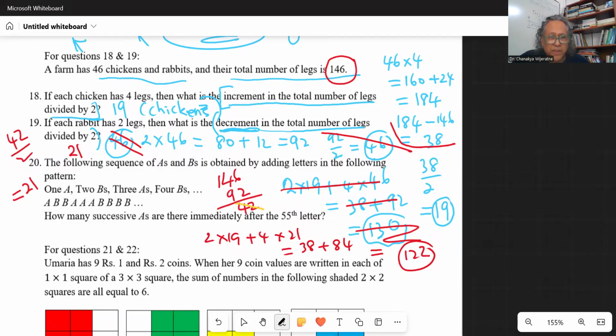It is 54. So 54 divided by 2 is 27. So the answer here should be 27. So we can check.